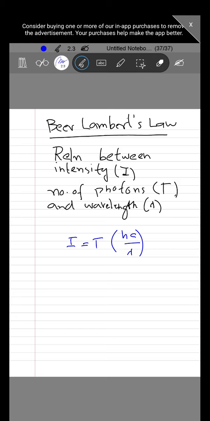So this is actually not Lambert's law. This is the relationship between I, gamma, and lambda.